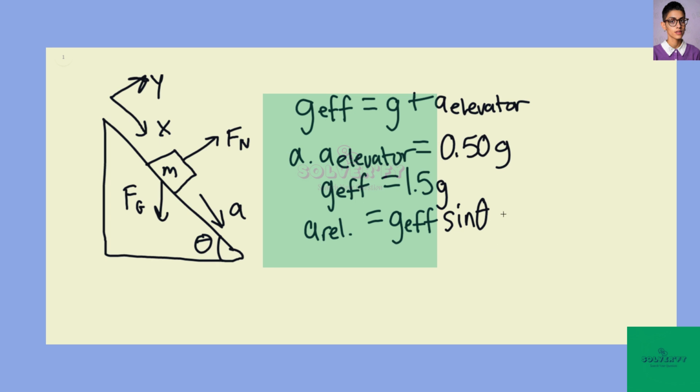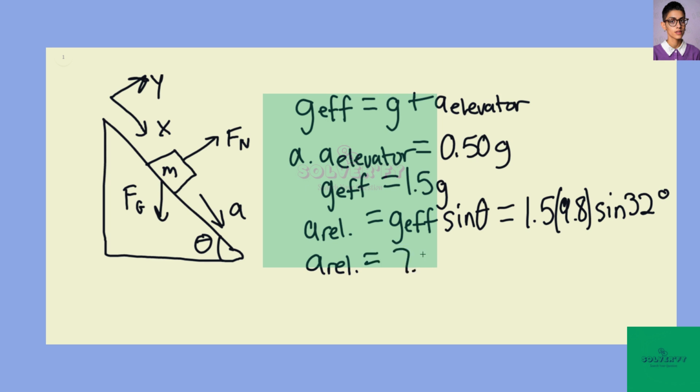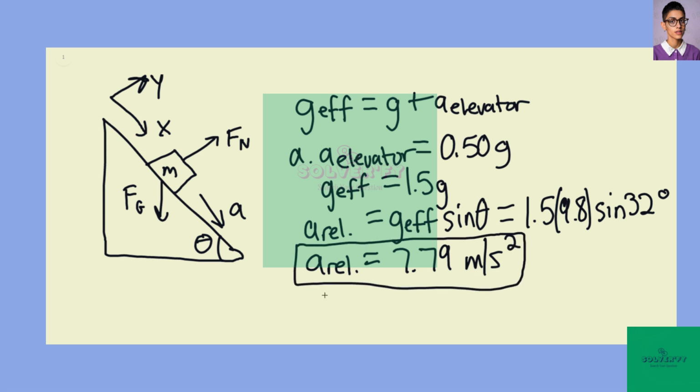This is going to be equal to 1.5 times 9.8 times sine of 32 degrees. And so the relative acceleration is going to be equal to 7.79 meters per second squared. So this would be our final answer for part A.